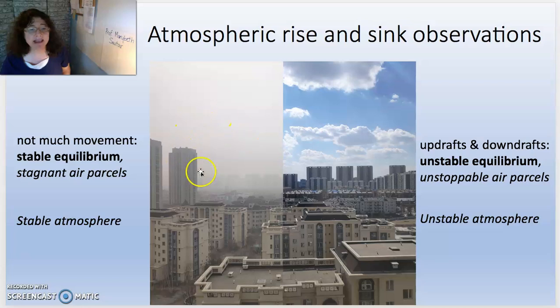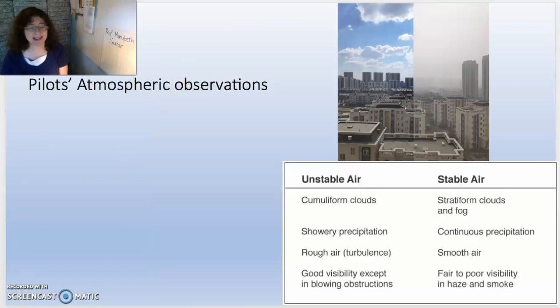Previously with the haze, we had a stable atmospheric event, and then we moved into an unstable atmosphere event. This can happen over the course of a few days, and when pilots look at this, they look at the clouds as messengers to them, like signposts along a highway.